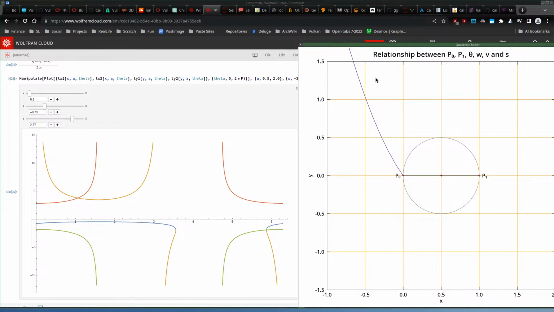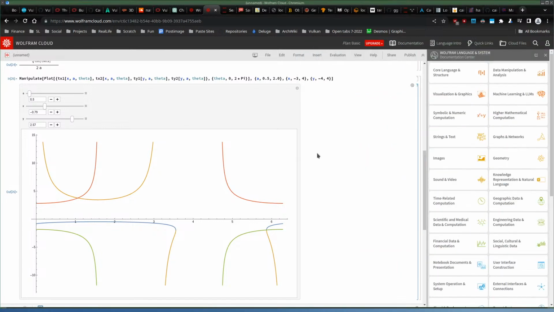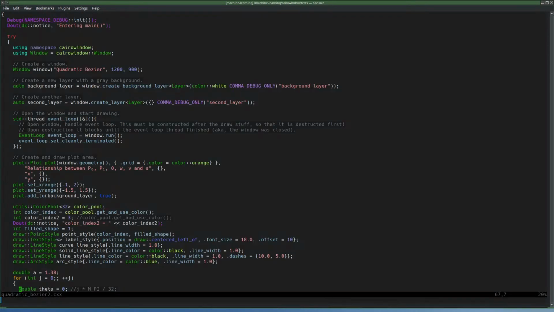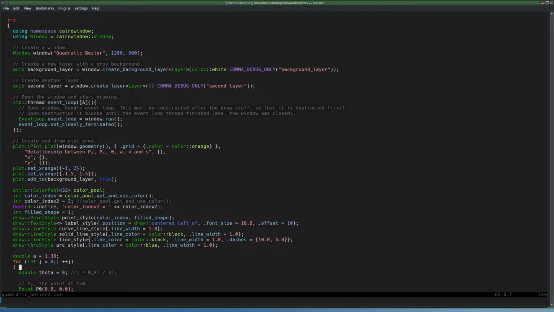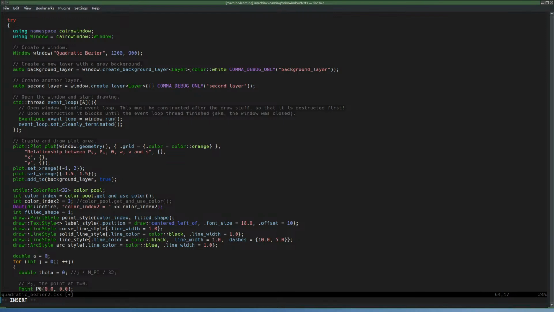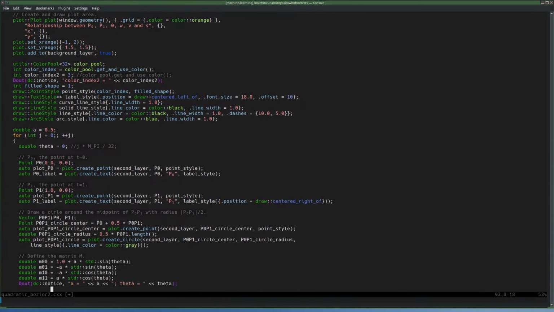So that would be 4. A is 0.5. And theta, I don't know.